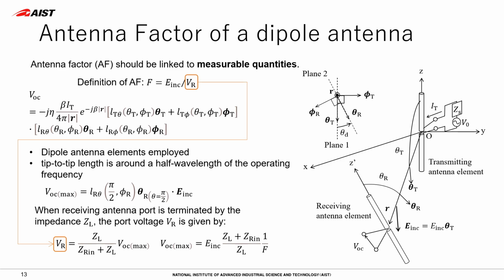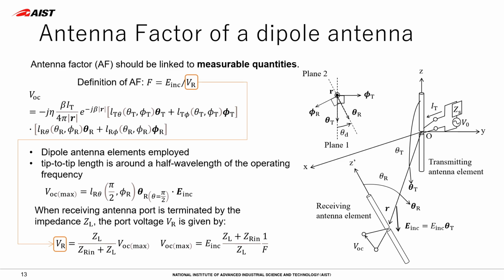Here is a bit of math to manipulate. Consider the case where two straight dipole antenna elements are located in free space with a separation of R. The transmitting antenna is excited by a source having the impedance of ZS and the voltage of V0. The open circuit voltage VOC observed at the receiving antenna port is given by this equation.